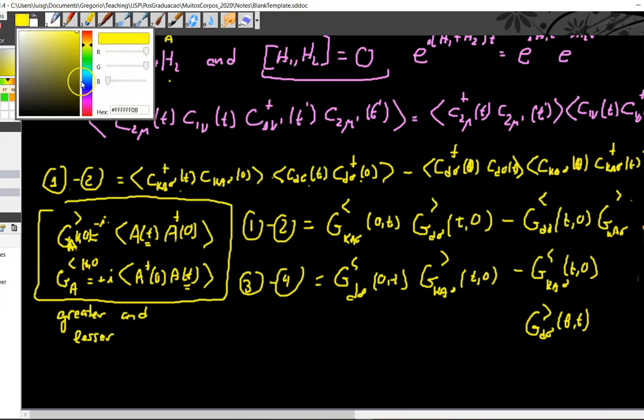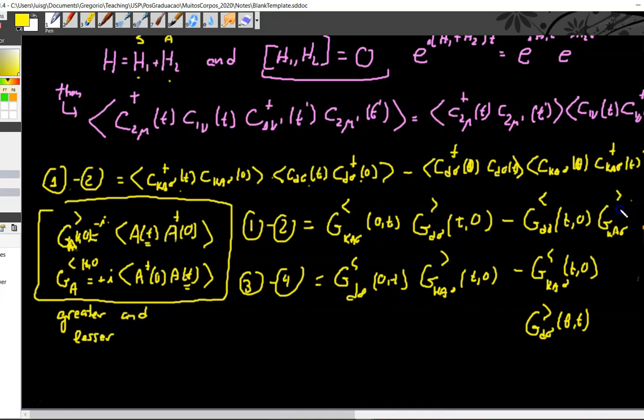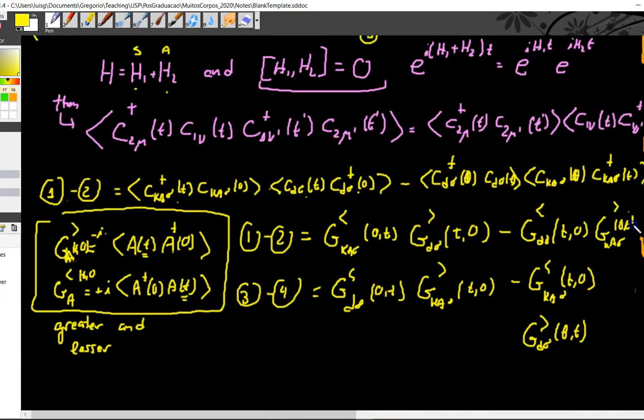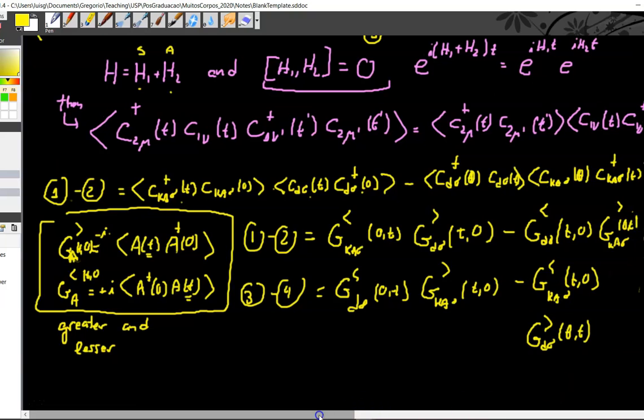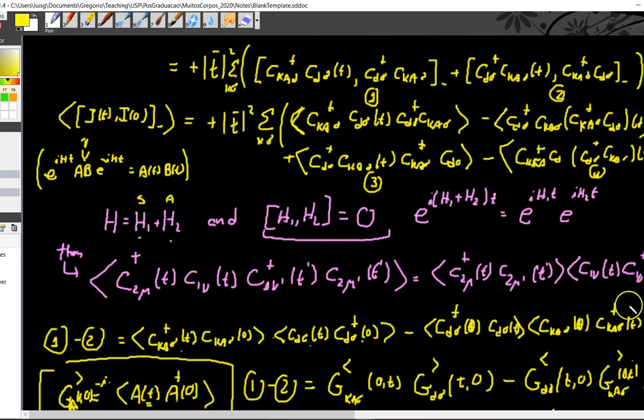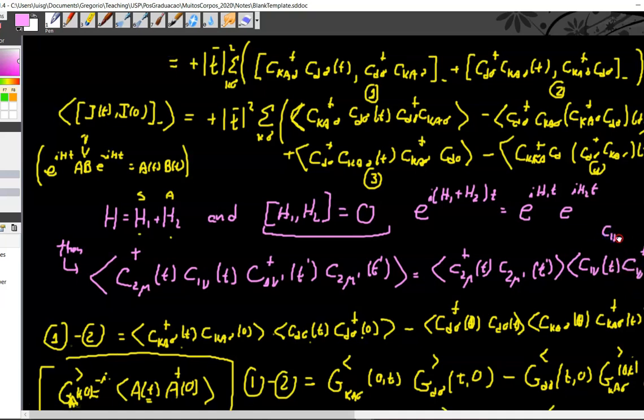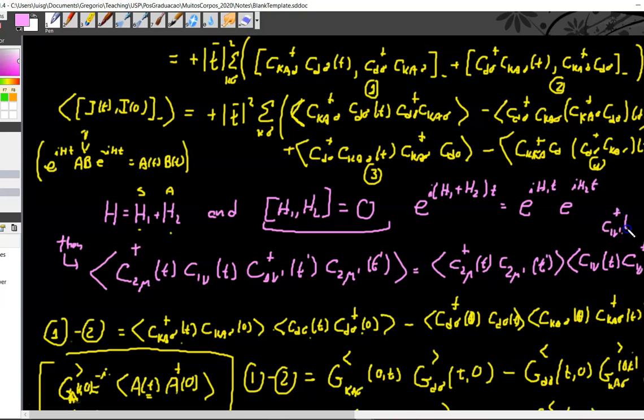And of course you have 0t, I'm sorry. What else? Up here, there should be a C, this guy is C1 nu dagger of t prime. Okay, that's how we close here.